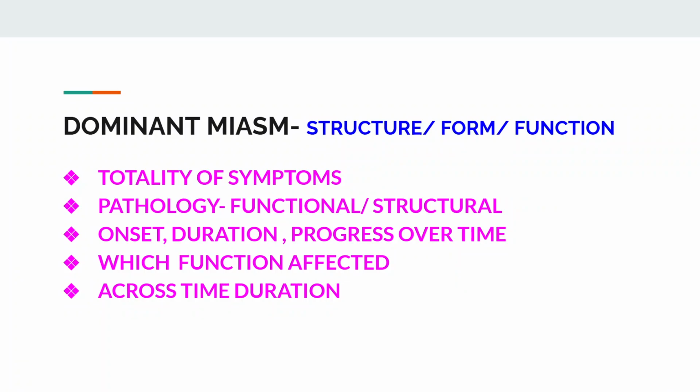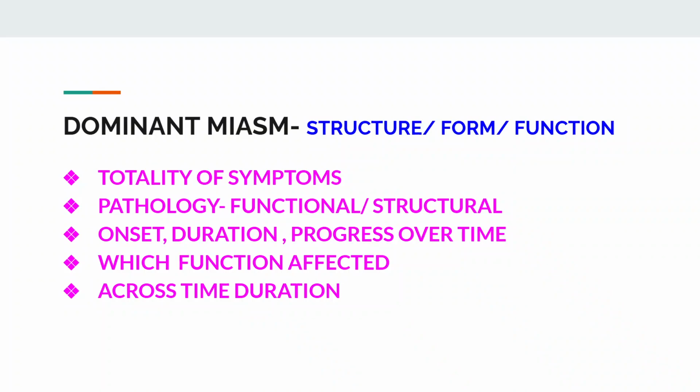Whether it is slow onset, gradual progress, what is the progress of the pathology, and most important, across the time plane, and of course which function is affected, which system is affected, everything we have to study for finding out the underlying miasm, which is called the dominant miasm.